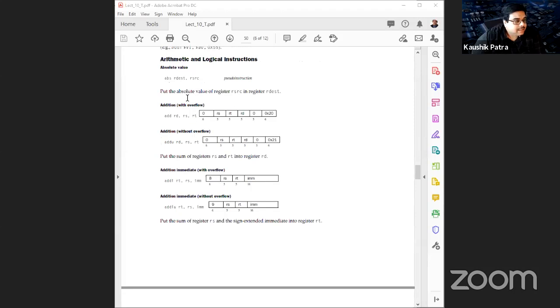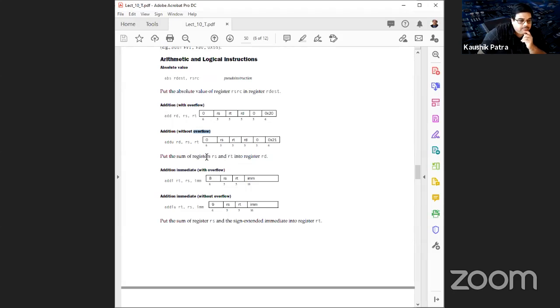How should I say? This addition ADDU is kind of equivalent to saying that this specific instruction does not create an overflow signal in the program.